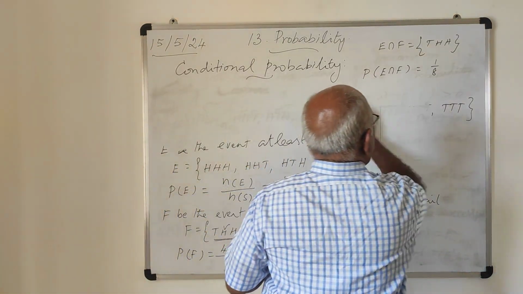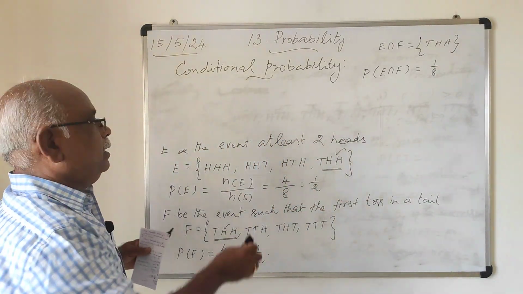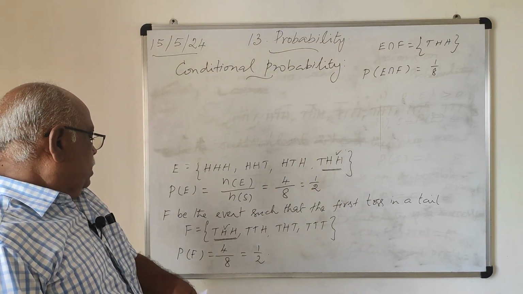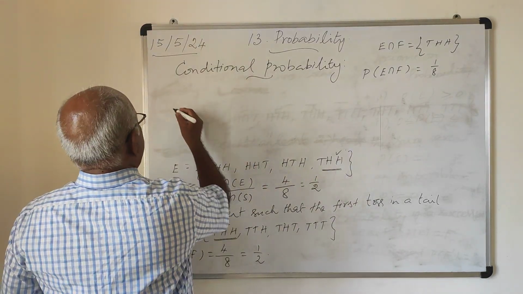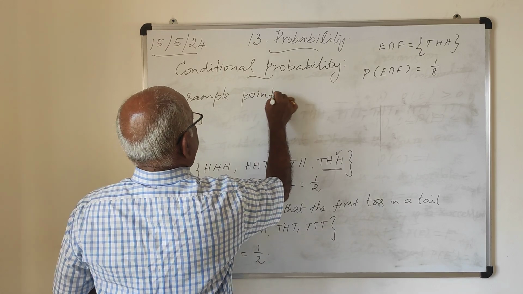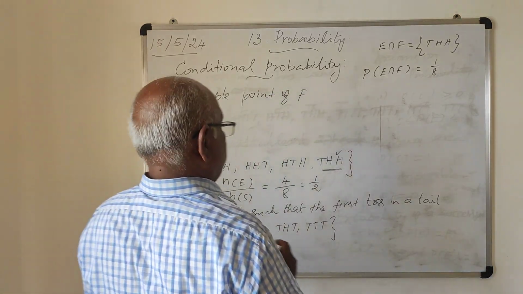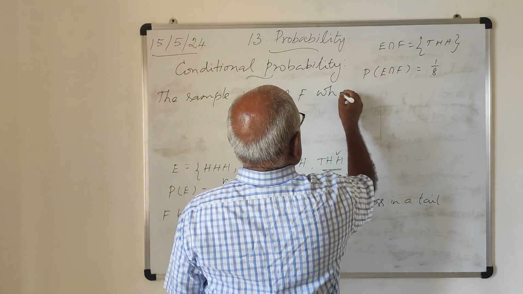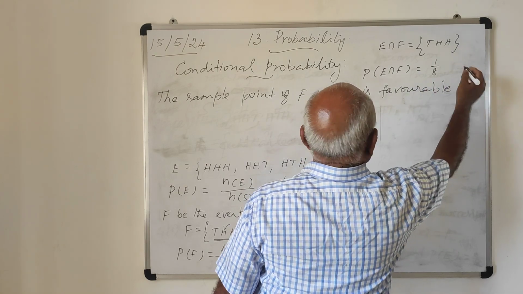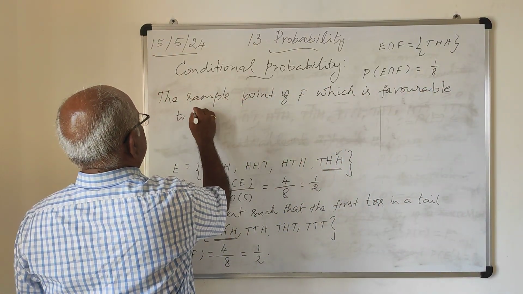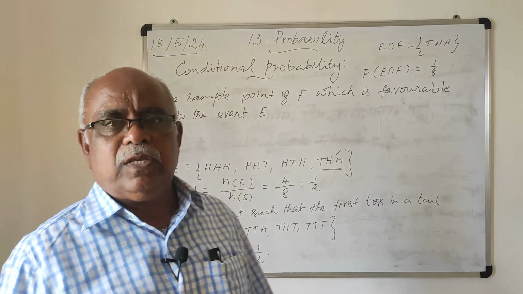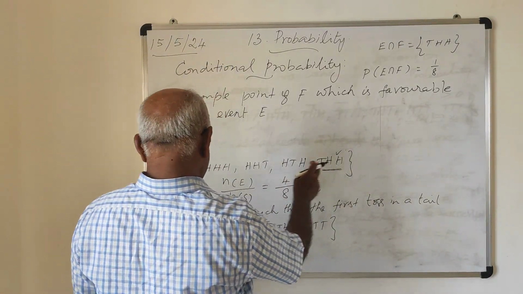We are defining conditional probability. Remember, the sample point of F which is favorable to the event E is THH.